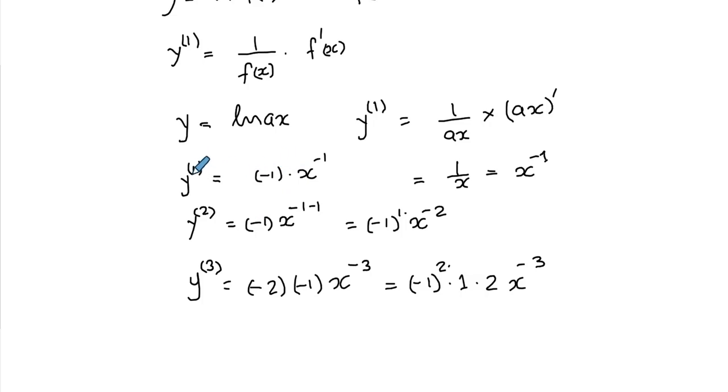Now, if you consider that this power here should be 1 less than 1, then we should have a 0 here. If we follow that pattern, we see that we've got a pattern of powers here: 0, 1, 2. So when you get to the fourth order differential coefficient, we are going to have power minus 4 here, and this power of minus 1 here would have to be 3.